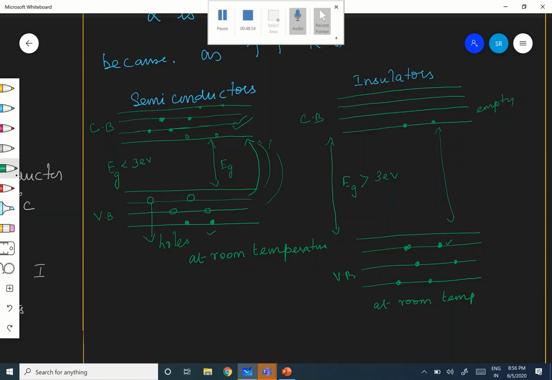Why? Because when the temperature is extremely large, many electrons will jump from the valence band to the conduction band.